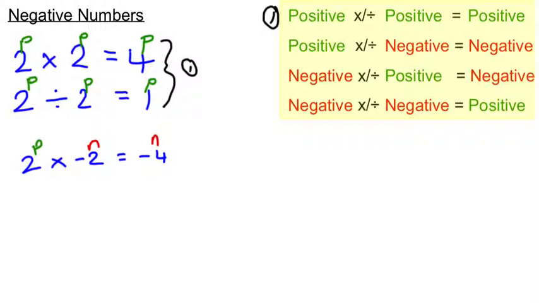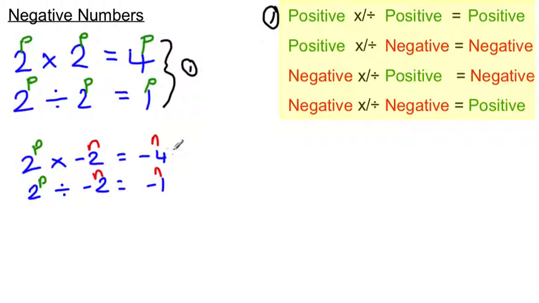The same rule applies when we're doing division, so 2 divided by negative 2 equals negative 1. So what you have there is you have a positive, you are then dividing that positive number by a negative number to get an answer of a negative.